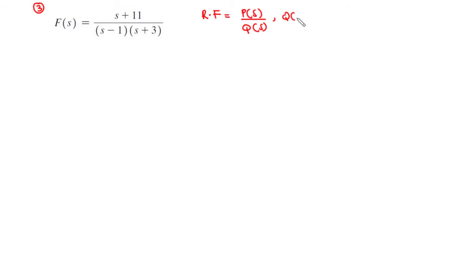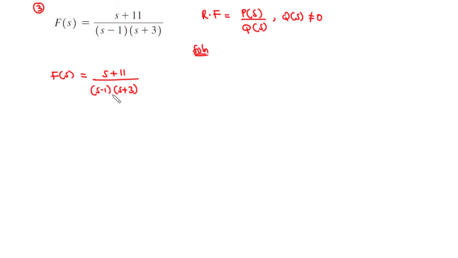Now in such cases, we can break down the complex rational function into the sum of simple rational functions so that we can move on to find the inverse Laplace transform. So for this rational function given, we have f of s to be s plus 11 divided by s minus 1, s plus 3.